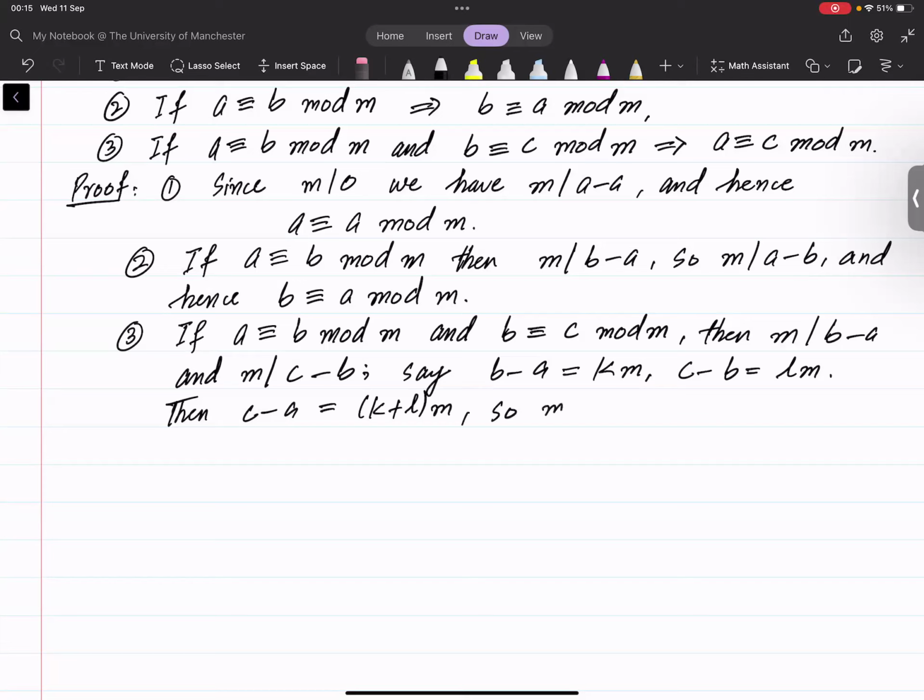So m divides c minus a, and hence a is congruent to c mod m. And that's how we prove the proposition.